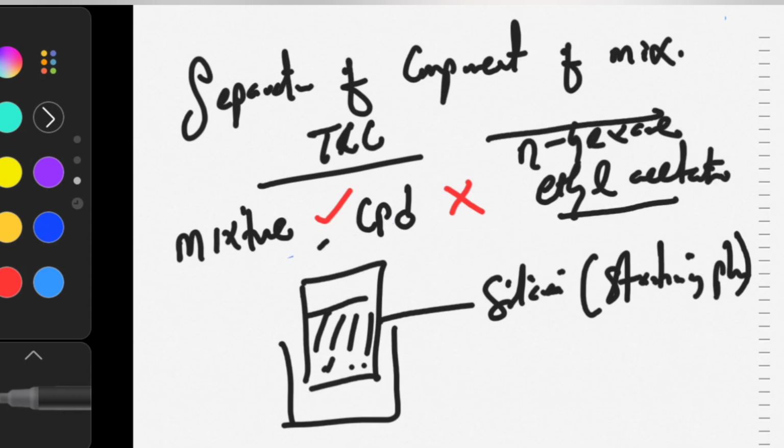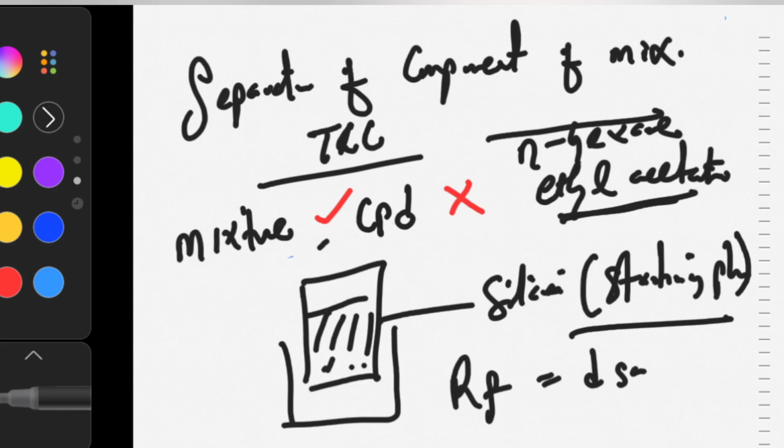Okay, and the affinity of the component of the mixture to the stationary and mobile phase constitutes what we know as the retention factor. Distance moved by the sample component over distance moved by the solvent. So you already know this formula, so you should know how to substitute and make use of this formula.